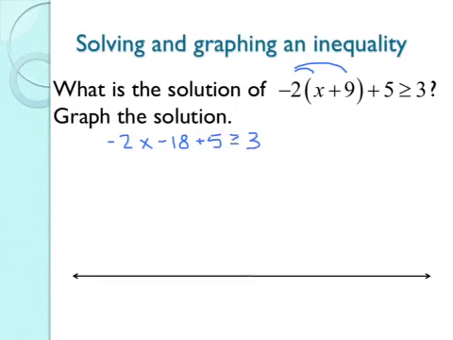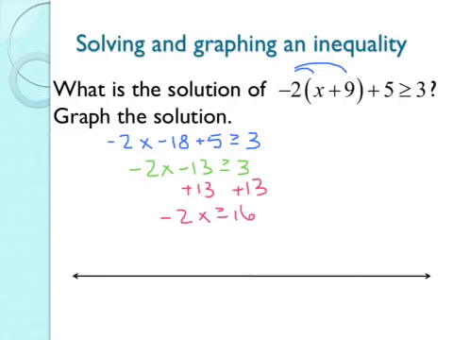Now I'm going to combine like terms on the left-hand side. So I'm going to get -2x minus 13 is greater than or equal to 3. Now I'm going to bring my -13 over so that it can be with its common term 3. So I'm going to add 13 to each side. You do the inverse operation there. So -2x is greater than or equal to 16.